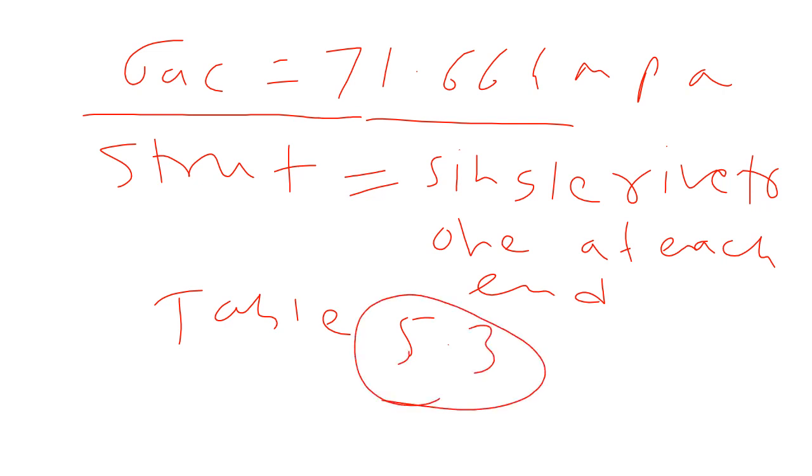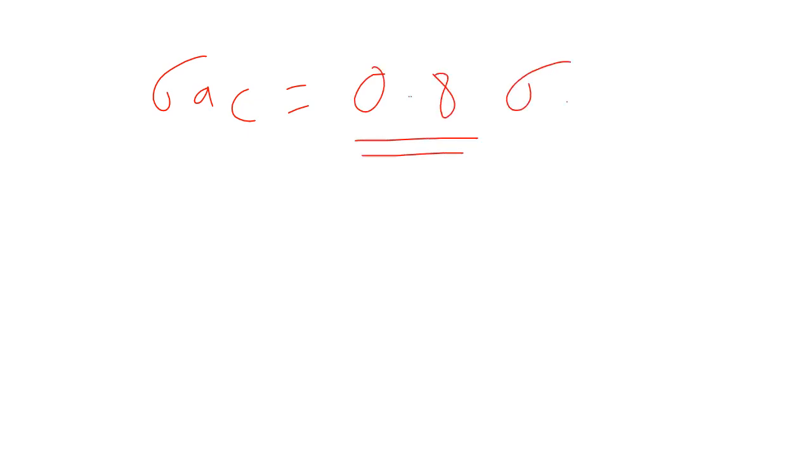We have to reduce this value, or we need one more multiplier from table 5.3 to satisfy the conditions. So there will be one more multiplier, that is 0.8, so 0.8 of the actual sigma AC.